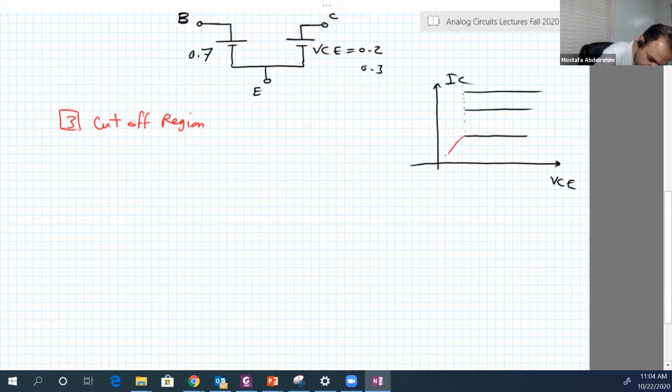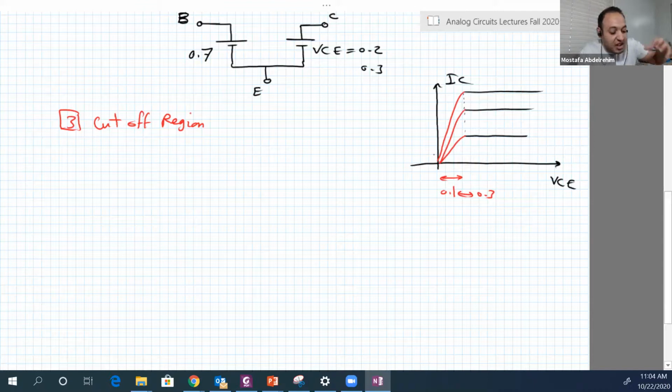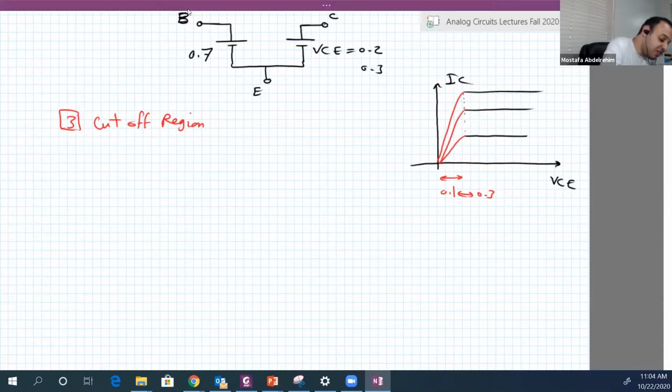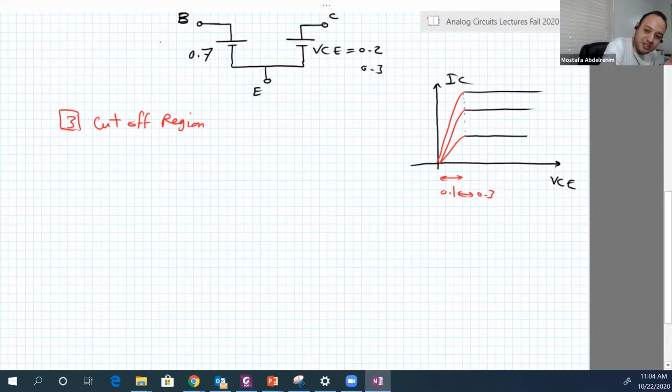Then we go to saturation, and I said that in this region VCE is between 0.1 and 0.3. But we didn't say zero, although it ends at zero, right? Because at zero there is no current. If VCE is zero, IC is zero, and IB will be zero. So there is another region, also just a point, which is called the cutoff.